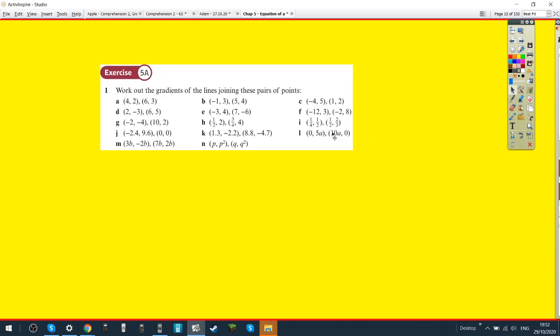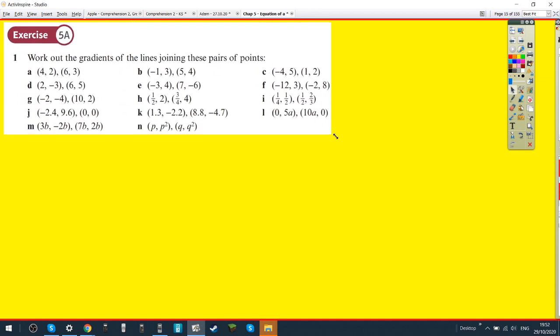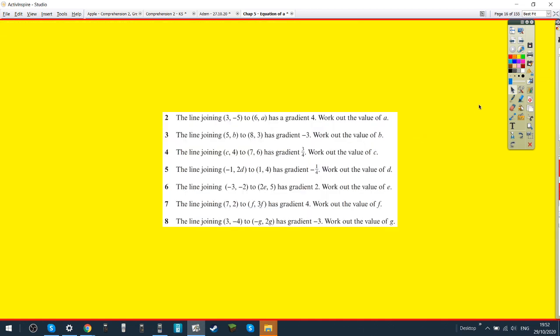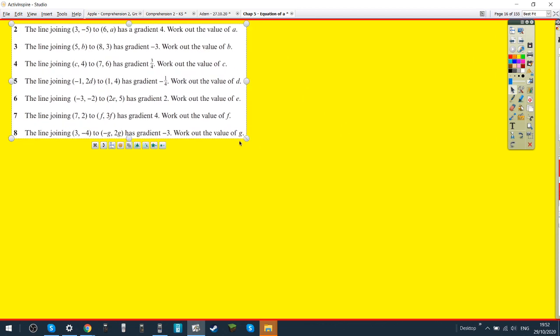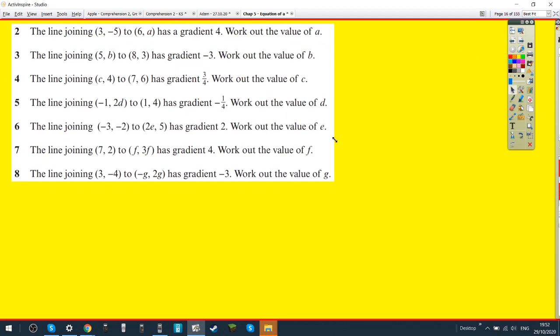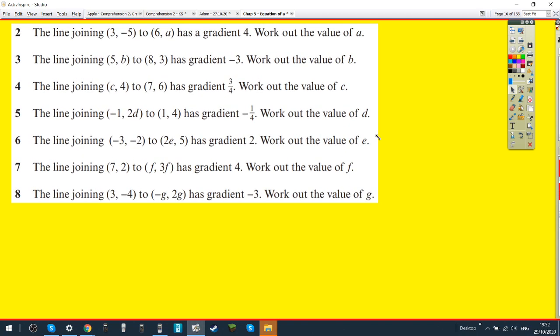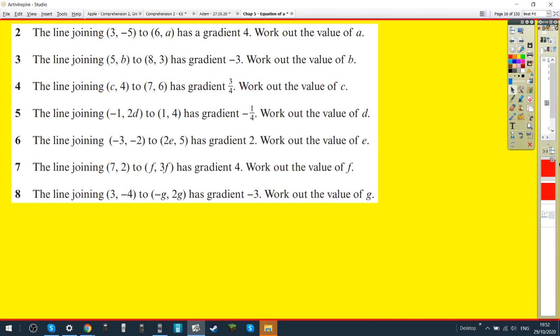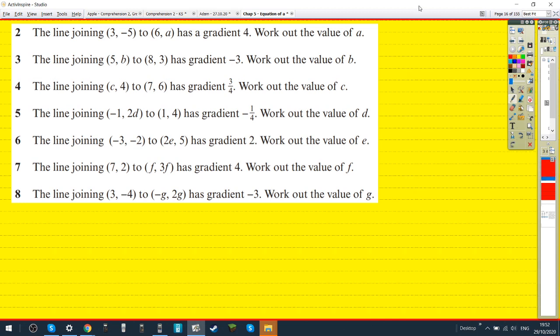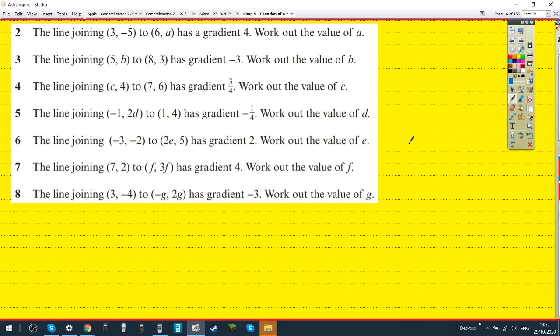Let's do question 8. Okay. So you write it out as 2x minus minus 4 over minus x minus 3 equals minus 3.